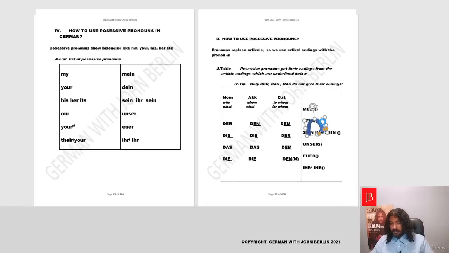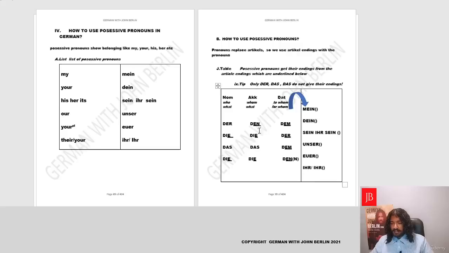For example, it'll be mein, meine, mein, meine, meinen, meine, mein, meine, meinem, meiner, meinem, meinen. Perfect. So you saw that I used this particular possessive pronoun and put together the endings of the articles.